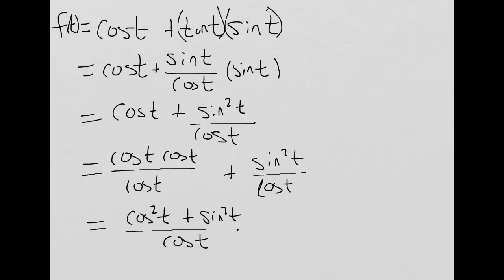And I can take this one further. This one we covered back in chapter 5. From our Pythagorean identities, we know that's equal to 1. This is equal to 1 over cosine of t, and that's the definition of the secant of t. So we went from up here, 1, 2, 3, 4, 5 operations, down to just one. Much lower chance of making an error, and it simplifies the expression a great deal. Now there's only one computation instead of 5.